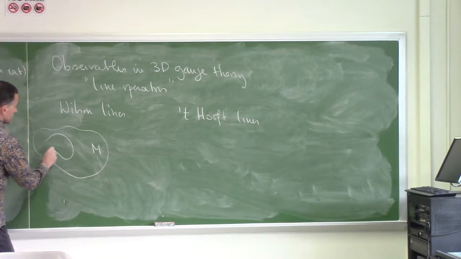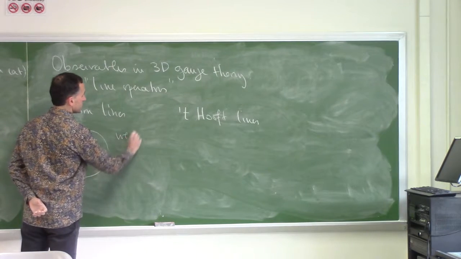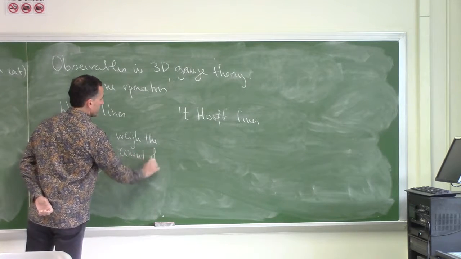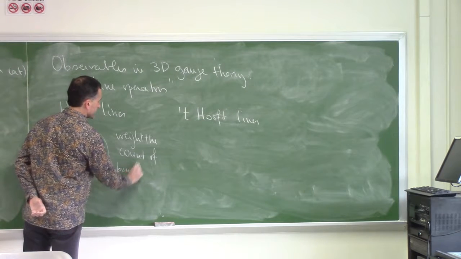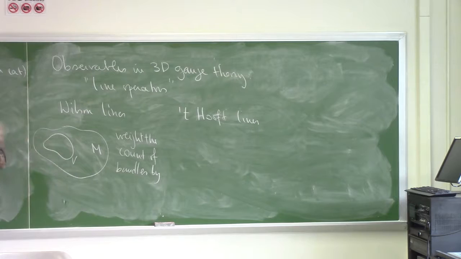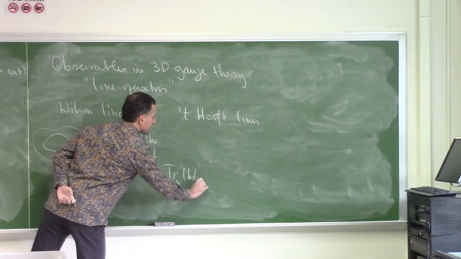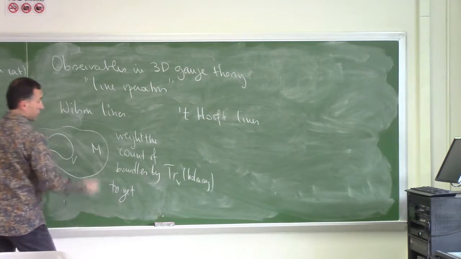You can choose a loop inside, or link in fact, labeled by a representation, and weigh the count of bundles by the trace of the holonomy along the loop, to get the new invariant, to get the correlator, if you like.